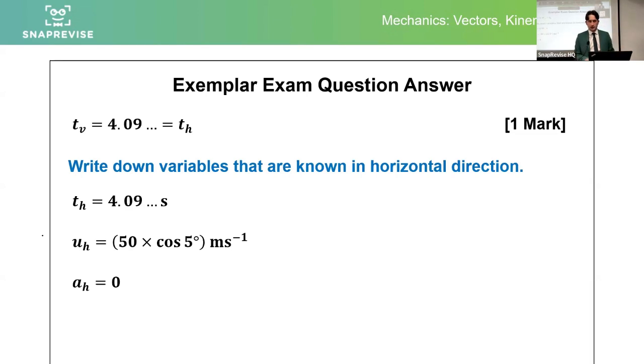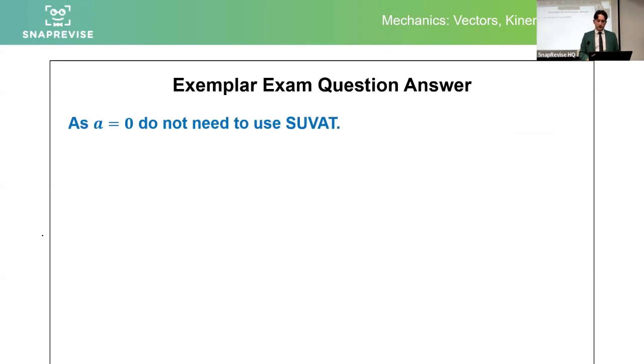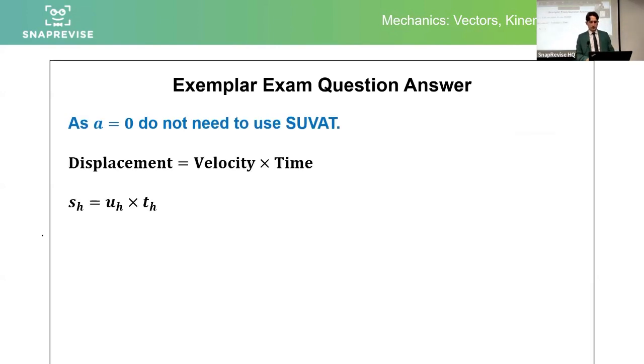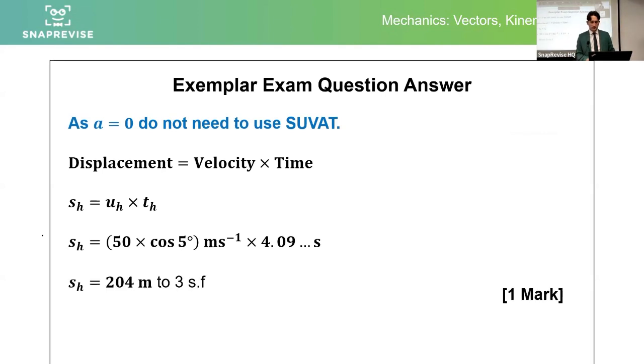Because the acceleration horizontally is 0, you're just looking for the displacement, which is the speed times however long it's going at that speed for. So velocity times time: that's the horizontal velocity times the time it takes to fall the 100 meters. So it will go 204 meters to 3 significant figures.